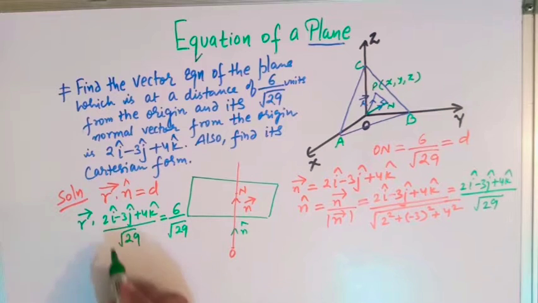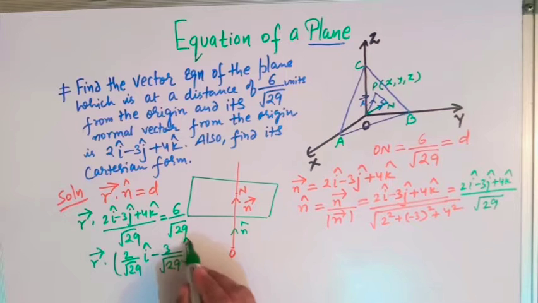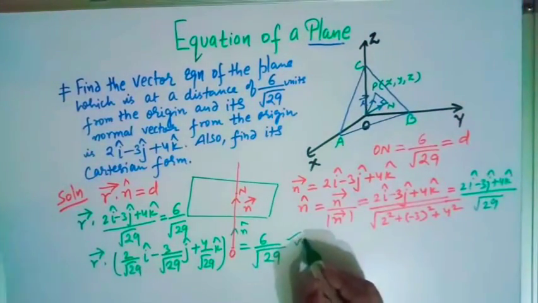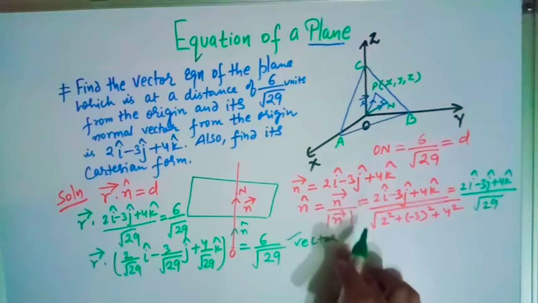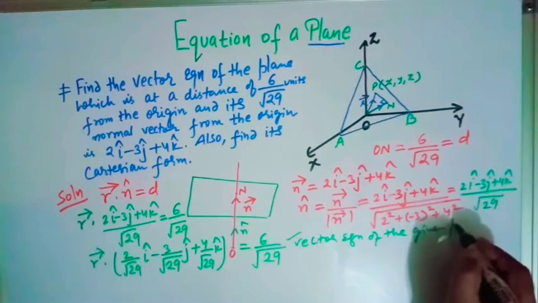Now this can also be written as r dot 2 divided by square root of 29 i cap minus 3 divided by square root of 29 j cap plus 4 divided by square root of 29 k cap is equal to 6 over square root of 29. So this is the vector equation of the given plane.